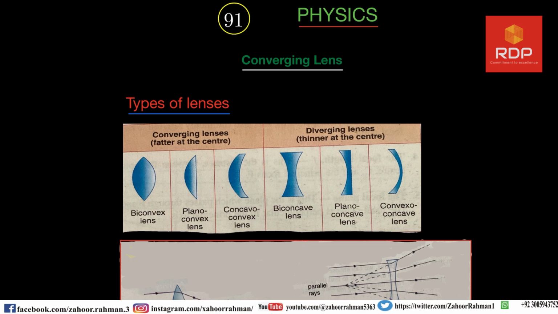The second one is called diverging lenses. Now, in converging lenses, there are three different types.